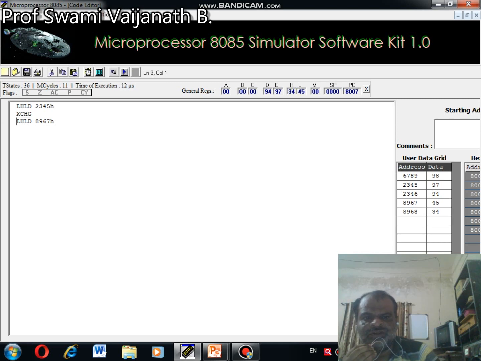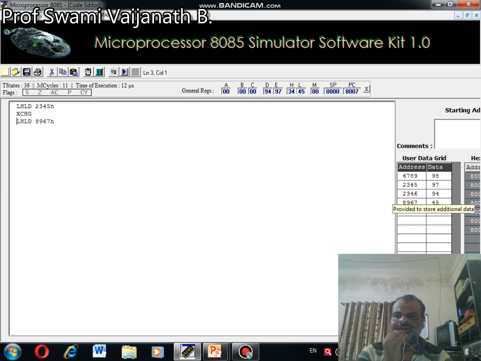Then after execution, see here, D contains 93H, E contains 97H, H contains 34, and L contains 45H. In this situation, the content of that memory location takes part here. Why does it take part here? Because the LHLD instruction is used.